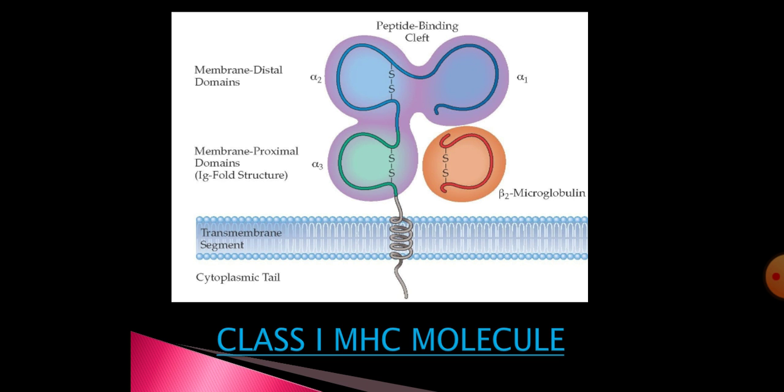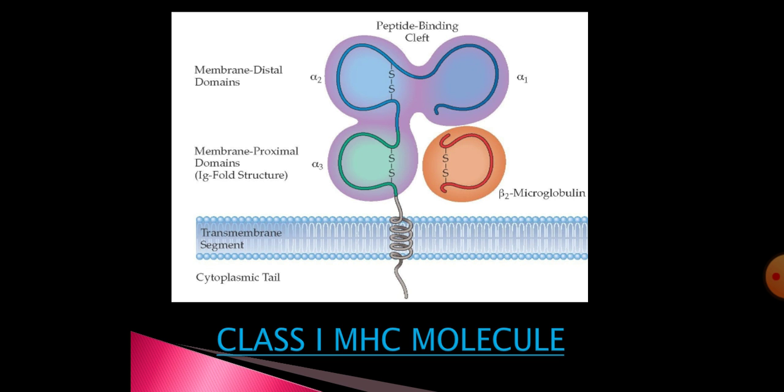And this molecule has 2 regions. One which is far from the center body is called the membrane distal domain, and another one which is near the center body is known as the membrane proximal domain. The membrane distal domain has 2 domains, alpha 1 and alpha 2.